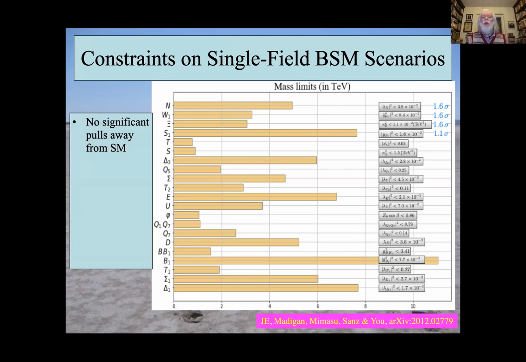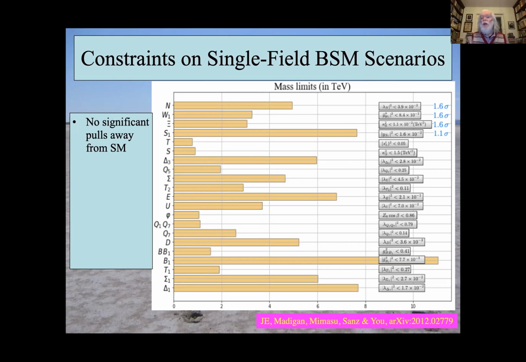Okay, so that was a very generic analysis. What happens if you add to the standard model one new particle? So we analyzed all possible single field additions to the standard model. The names are here on the vertical axis, and the strength of the constraint on those possible particle masses in TeV is shown on the horizontal axis.